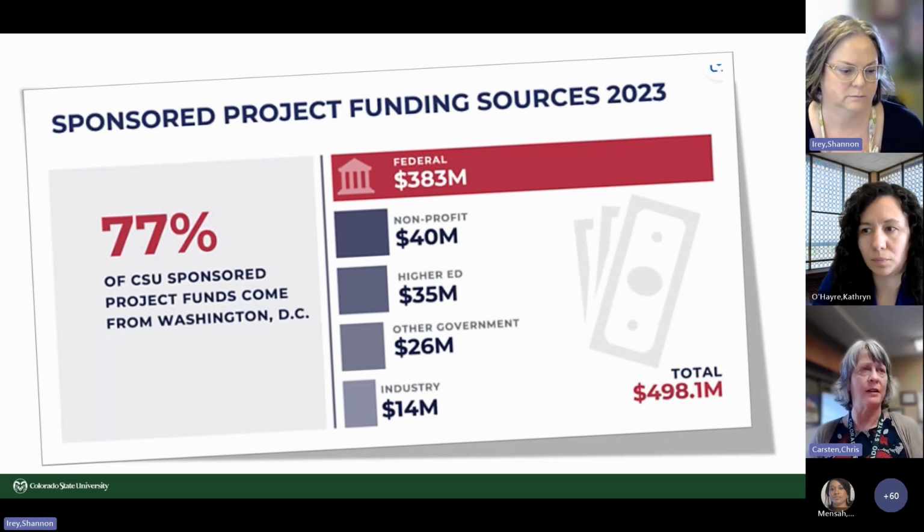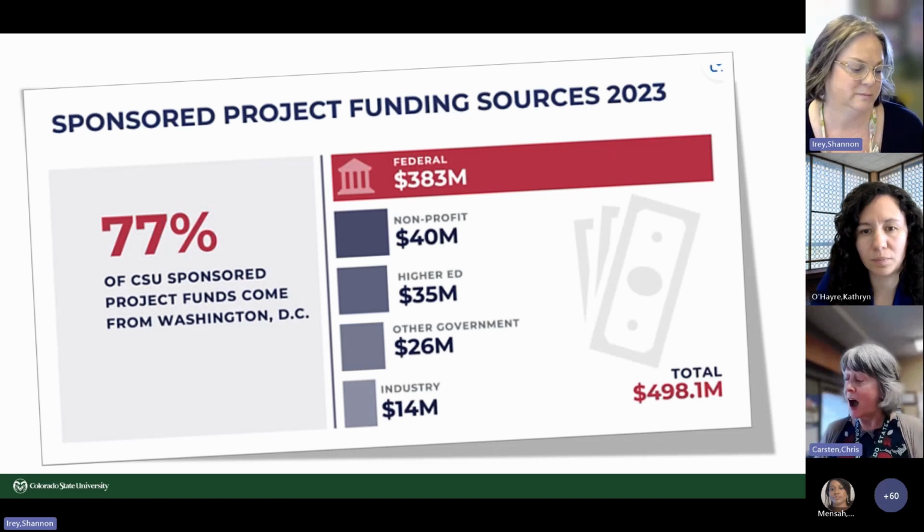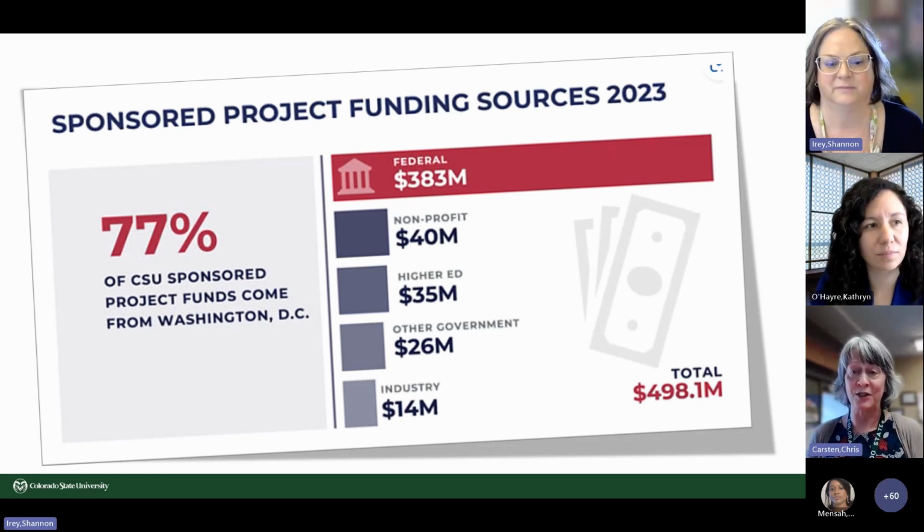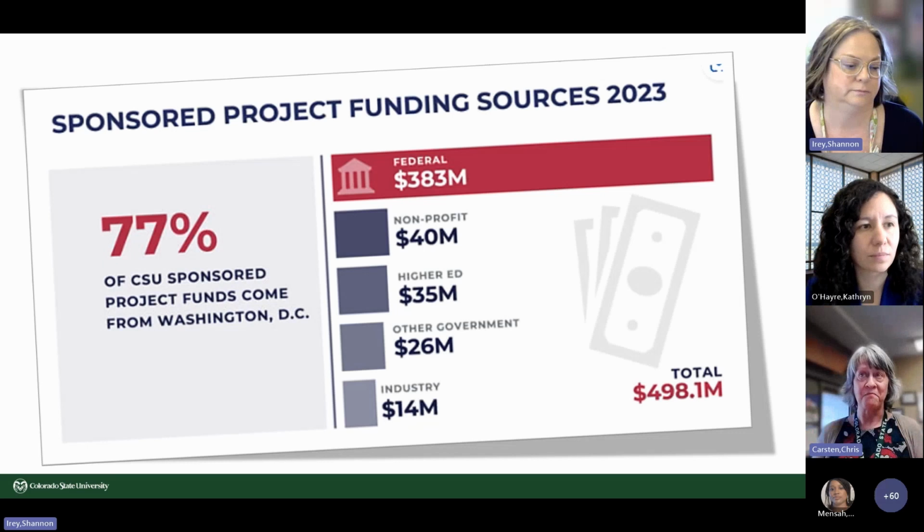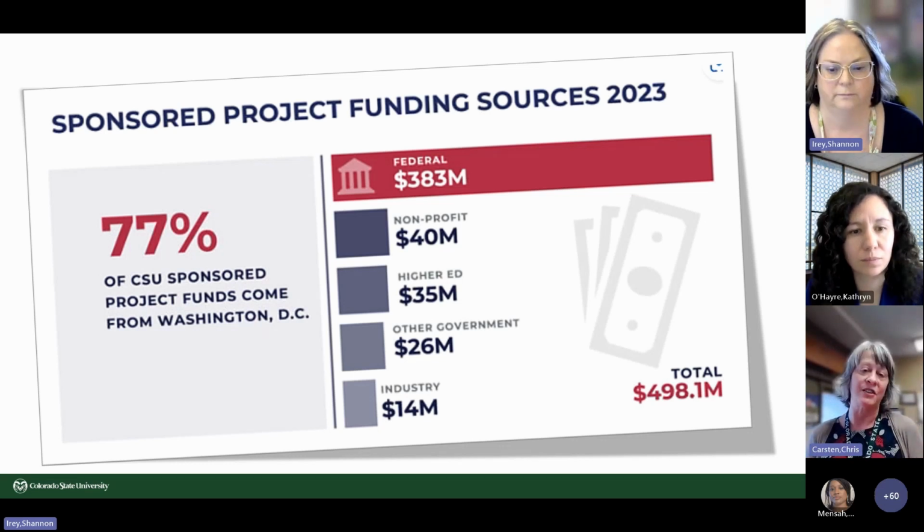I see a question, the new president's goal for research dollars. I would say I don't get fixated on goals for research dollars because a $5,000 award can take twice as much time as a $5 million award, right? So for me, it's not the dollar amount, it's how many transactions are we processing? How many new awards are we bringing in?